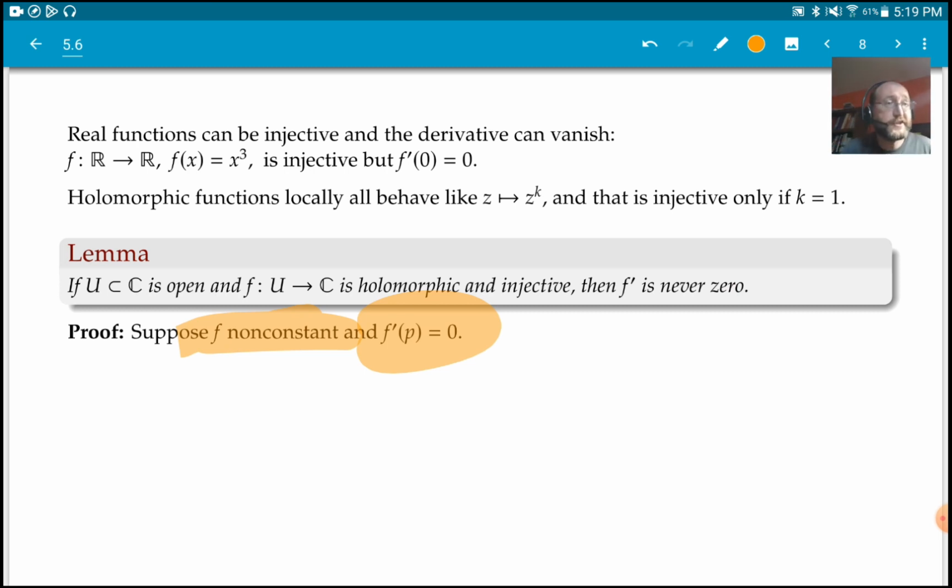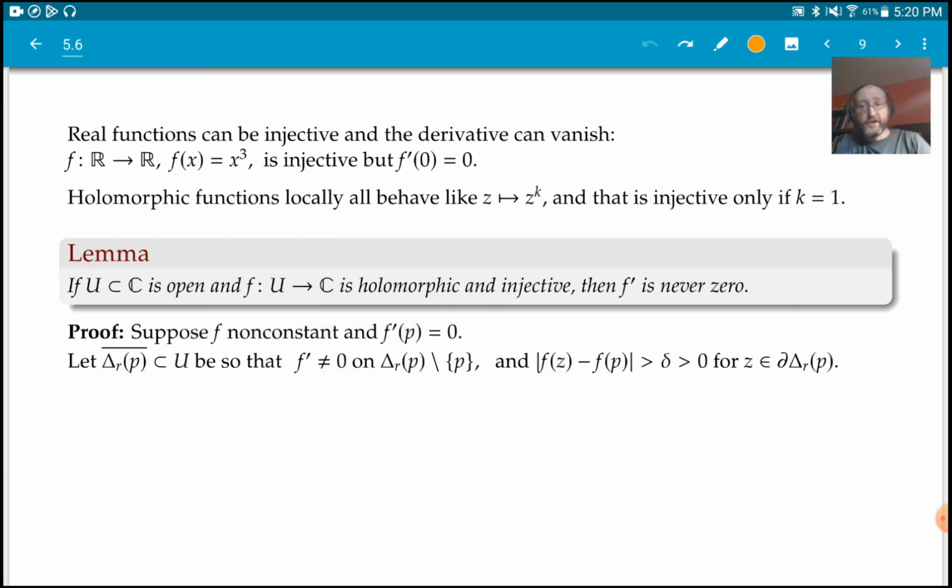We're either going to get a contradiction or show that the function wasn't actually injective. Because f is non-constant, f prime can't be 0 identically. So it's injective and non-constant.